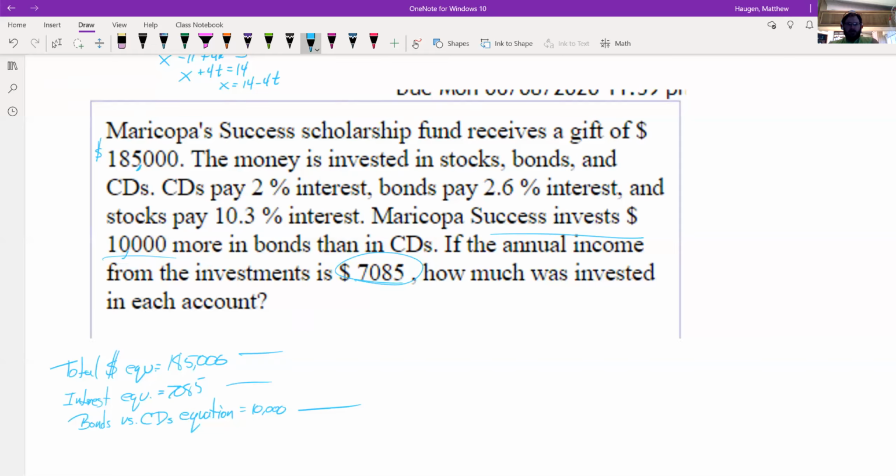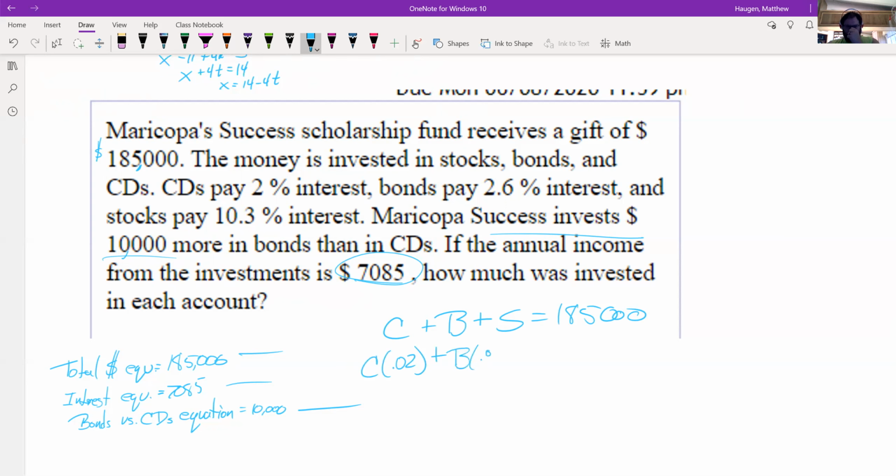So for that first one right there, that would just be CD plus bonds plus stocks equals the total, right? C plus B plus S. Yep. And the second one would be C times the percentage rate for each one equals 7,000 for each one, effectively.